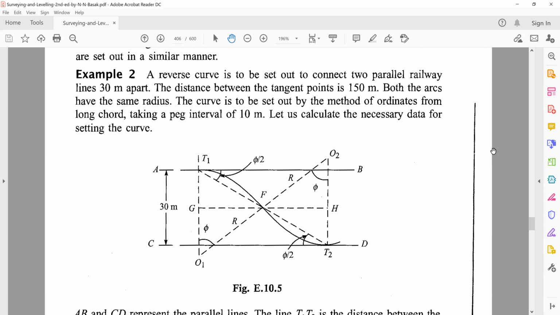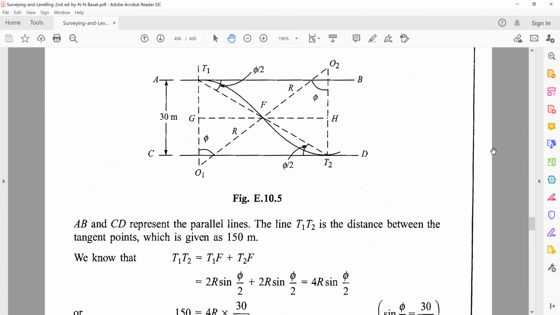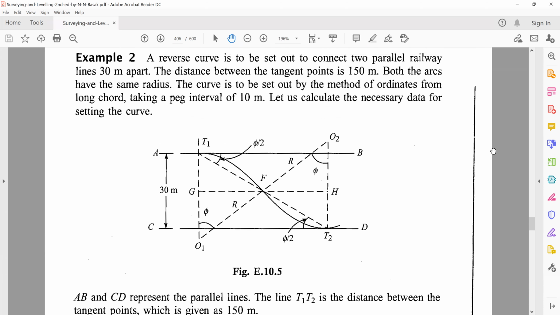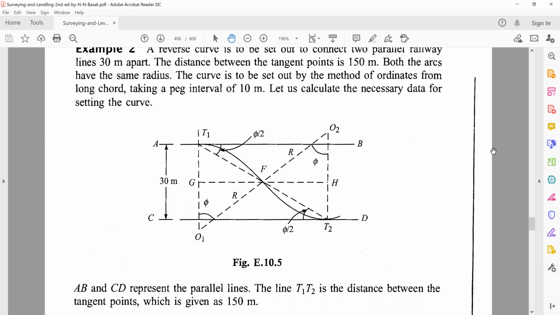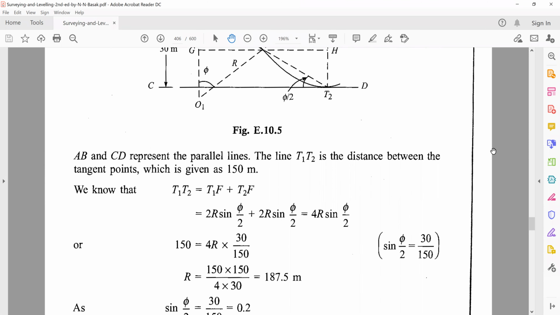So in this question, what they have given is that the T1T2 distance is equal to 150 meters. And then we can use the relation for finding T1T2, which is 4r sine phi by 2. Since we weren't given the radius and we weren't given phi either, we can develop this relation.